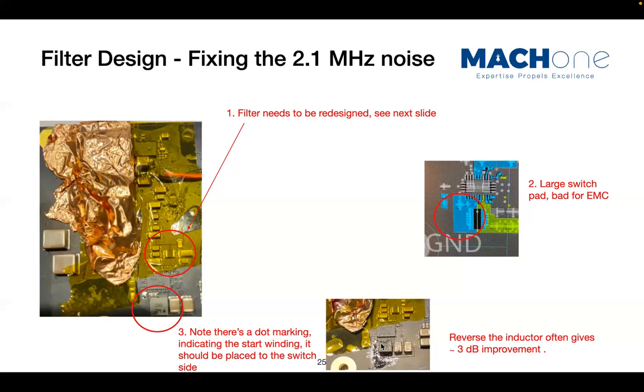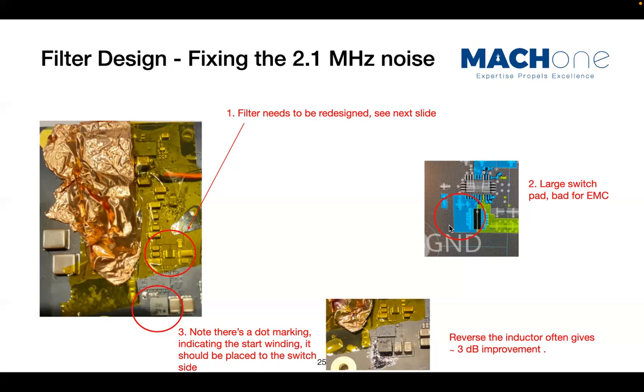If you place it the wrong way, then experience often tells us you should expect probably 3 dB to 6 dB more radiated emission noise, right? So that's the first thing we spotted. The second thing we spotted is they have a very large copper pad underneath this switch node, underneath this inductor.